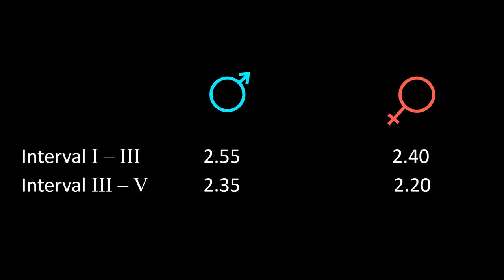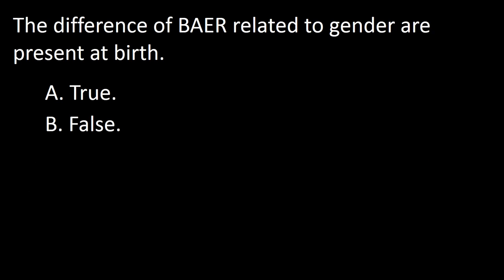The difference has led some authors to have different sets of normal, those using an interval of 2.4 milliseconds as the upper limits of normal for 1 to 3 interval and 2.2 milliseconds for the interval between 3 and 5. So the answer to this question is false.